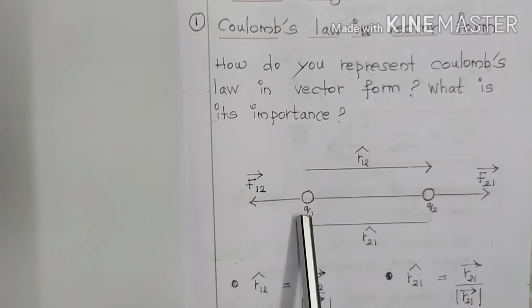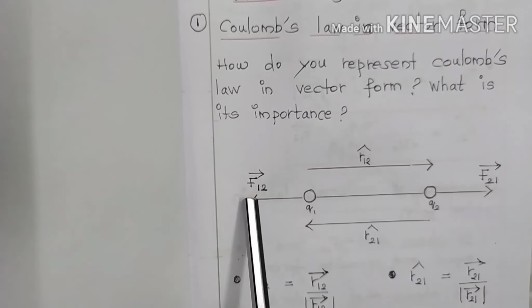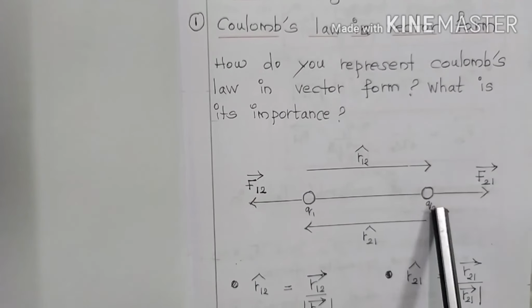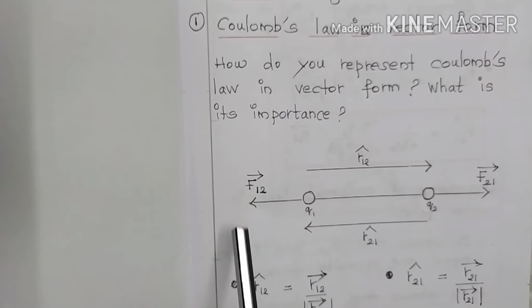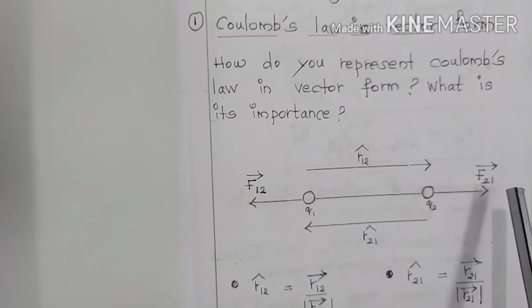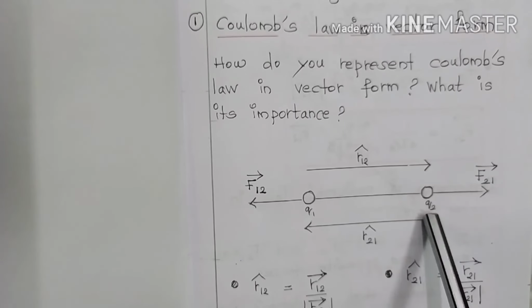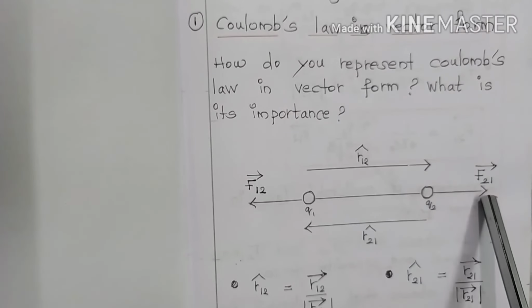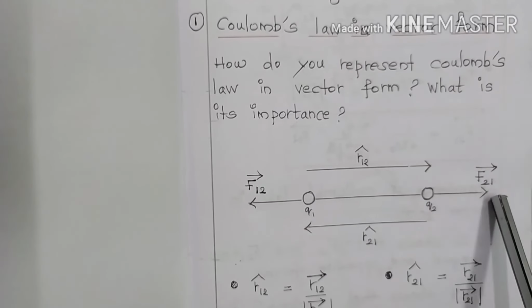Now Q1 experiences the force, so 1 is written first, and Q2 exerts the force, so 2 is written next. So this is how F12 vector is written, and here F21 vector, here Q2 experiences the force, so 2 is written first, and Q1 exerts the force, so 1 is written next.